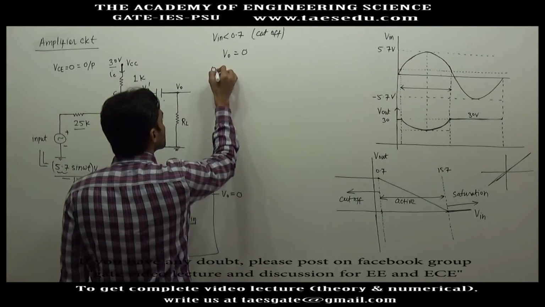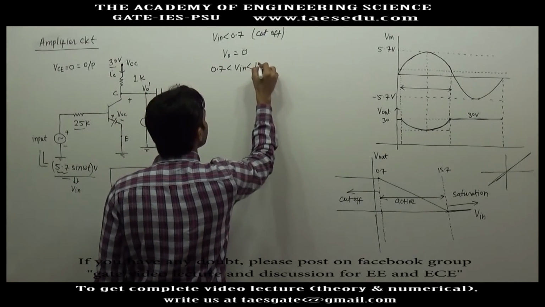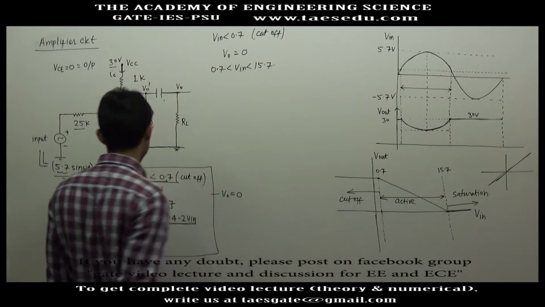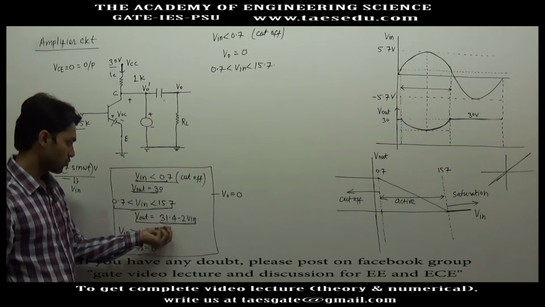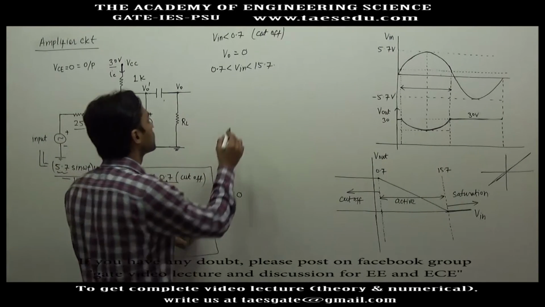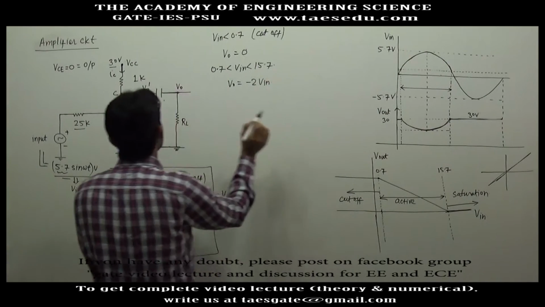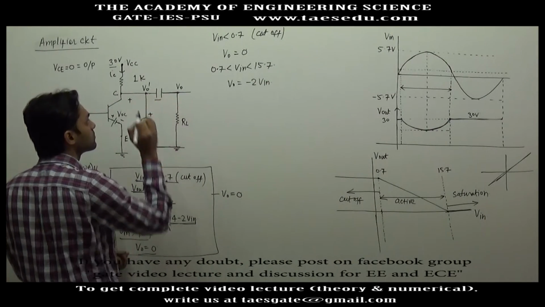When the input voltage is between 0.7 to 15.7 volt, the output voltage is 31.4 minus 2 V input. This DC will be blocked and you will get output as minus 2 V input. I am assuming negligible voltage drop across the capacitor.